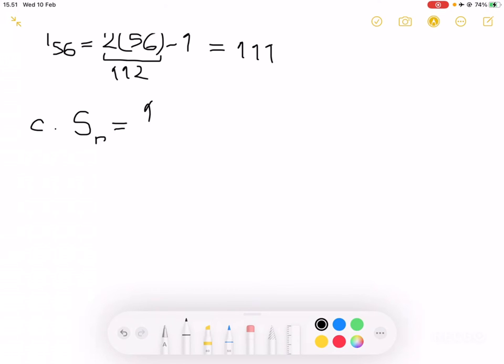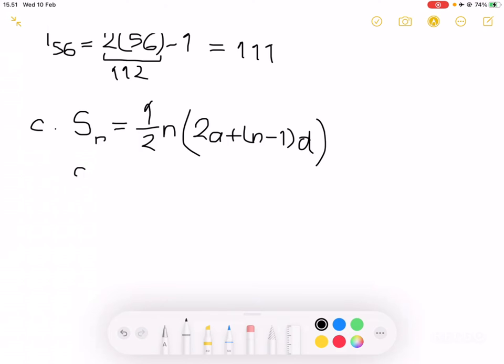So we recall it as half times n times 2a plus n minus 1 times d, or a plus tn if you want. However, for a plus tn, you need to manually find what tn is, and then you can just use the formula straight away.